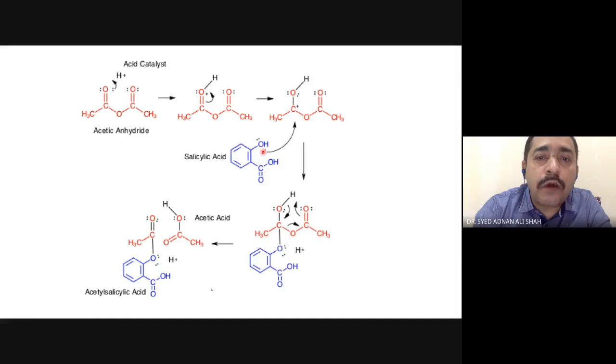a lone pair of oxygen, which is part of the salicylic acid, the phenolic group, or you can say alcoholic group, attacks this electrophilic center of the acetic anhydride, right?